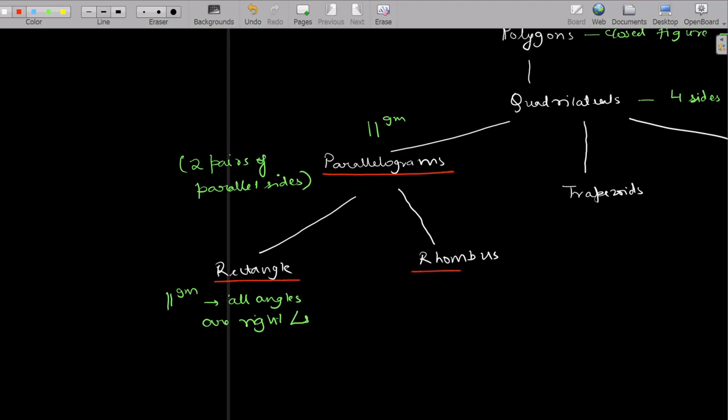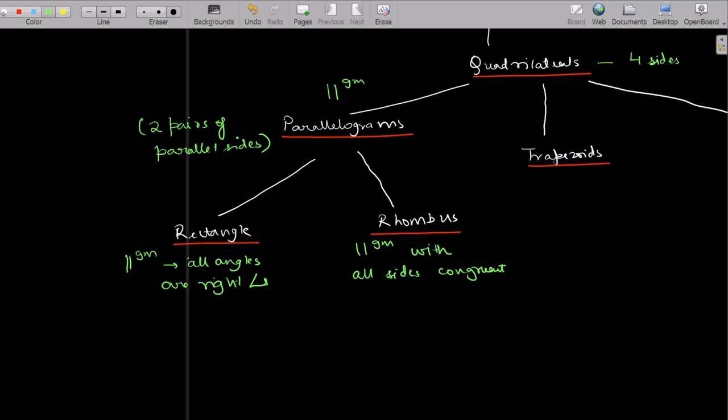All sides of the same length, right? All sides will be of the same length. So a rhombus is a parallelogram with all sides congruent. Then what's a square?